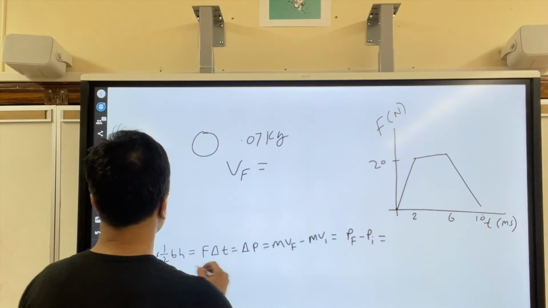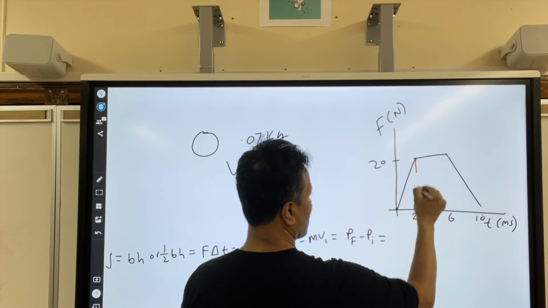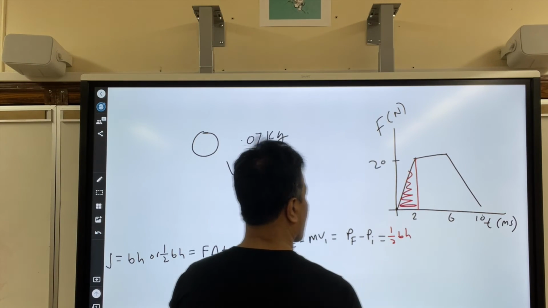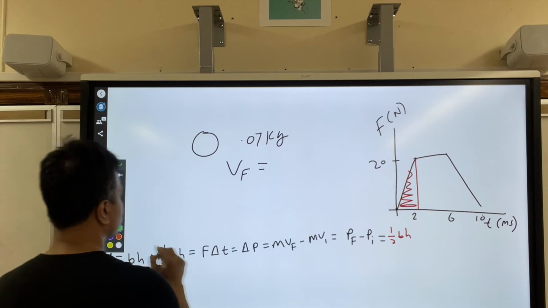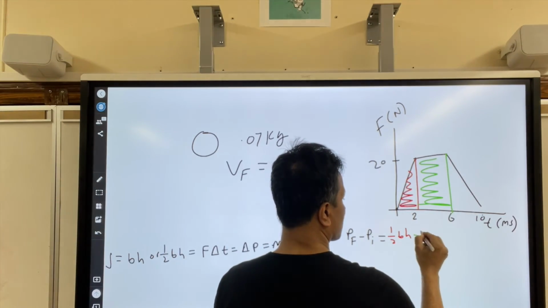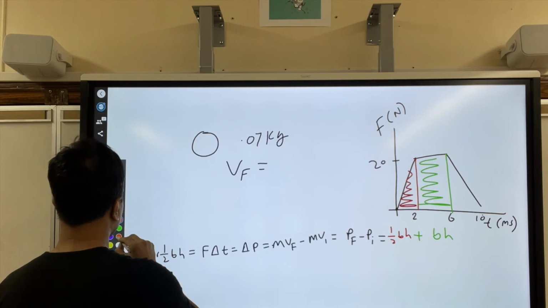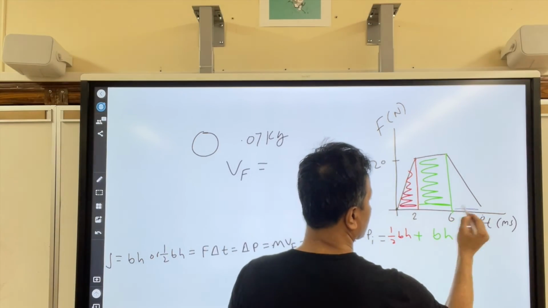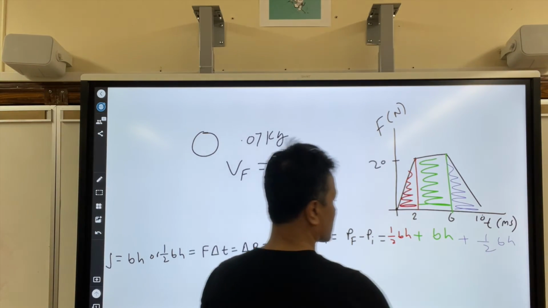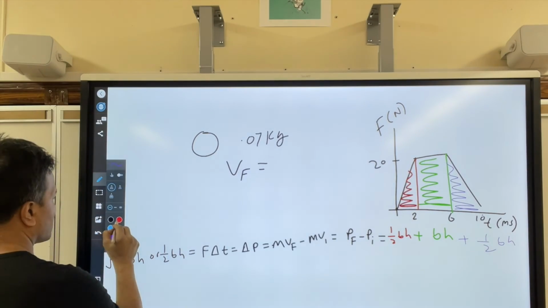I see a triangle. So I'm going to write half BH. I see a rectangle. So I write BH. I see a triangle again. So I write half BH again. Okay. So now I'm going to do the math.